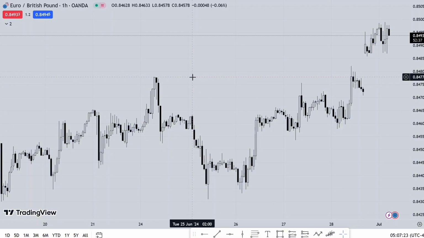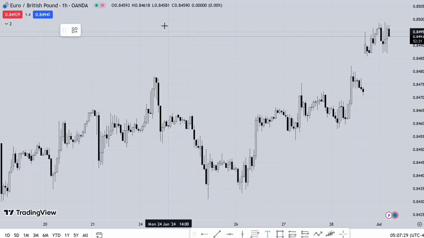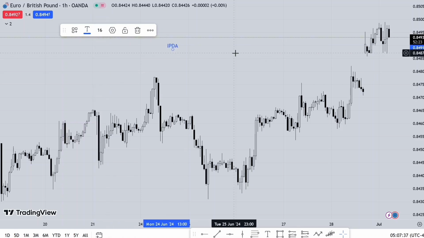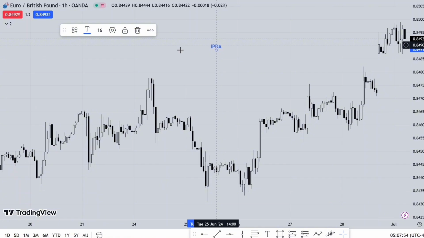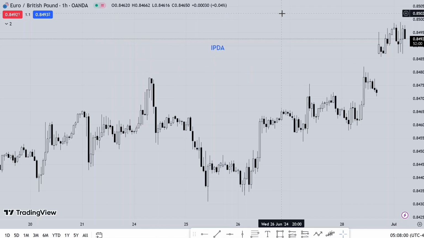So first, the IPDA, the Interbank Price Delivery Algorithm. It's an AI system that the central banks use to program price. Before everything became electronic and digital, it was open outcry and everything was done mostly manually.